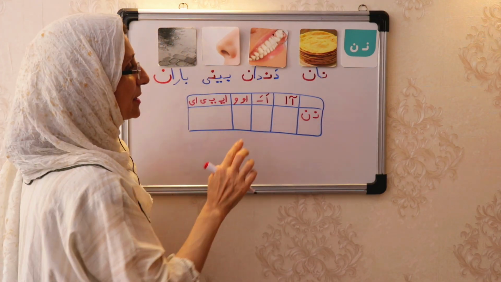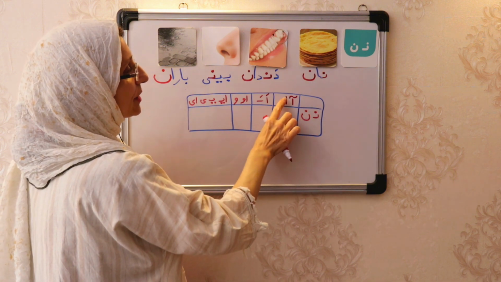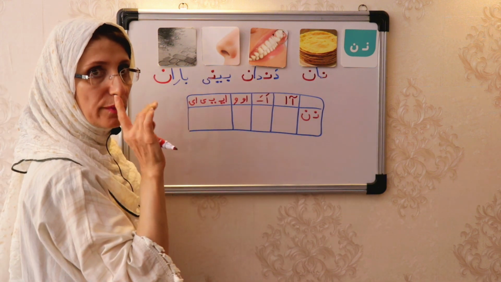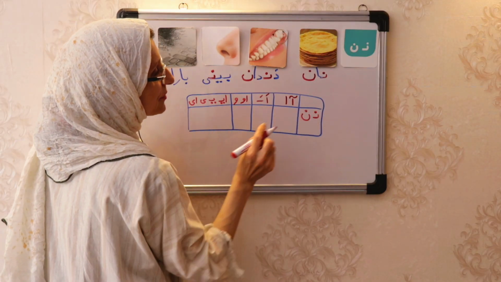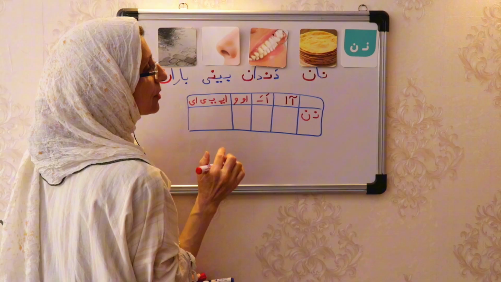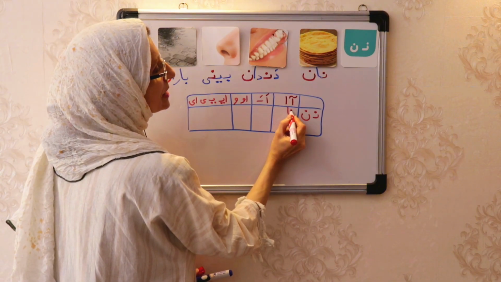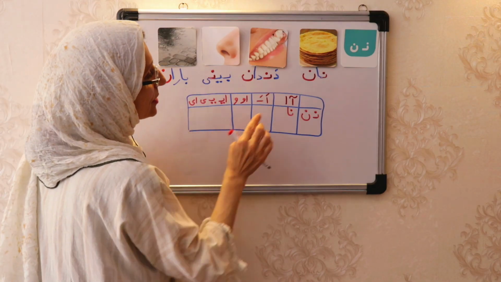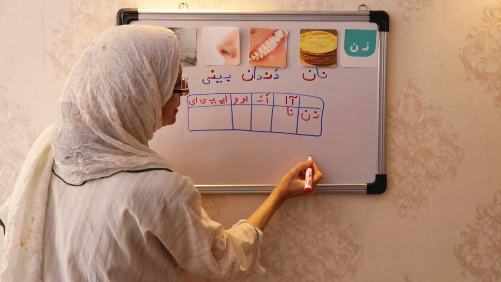Okay, this ne can only be friends with a غیر اول because it should always come at the beginning of the word. So we make friendship between ne and a. Ne and a will be na, na, na, like none.